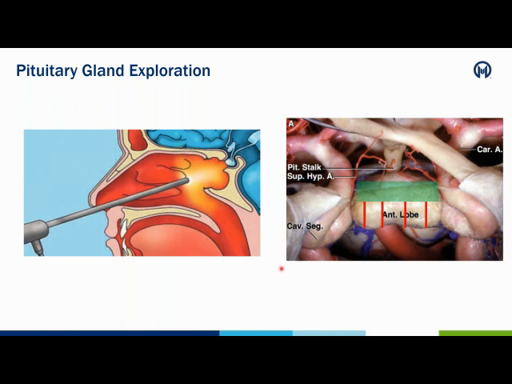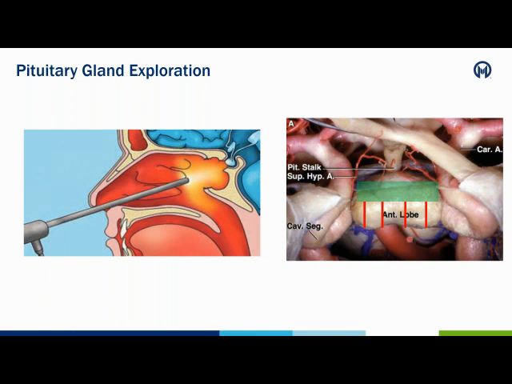Because corticotroph adenomas are the majority located on the sides or center of the gland, what we started doing, after exposing the entire gland, is slicing the gland and keeping the top connected, and we slice every 2 to 3 millimeters.